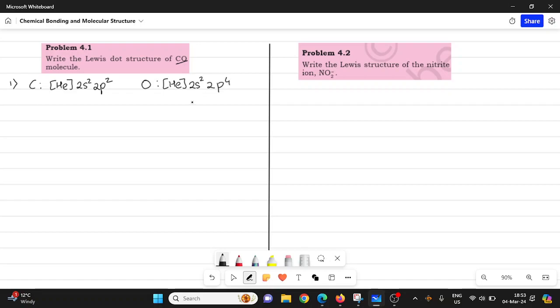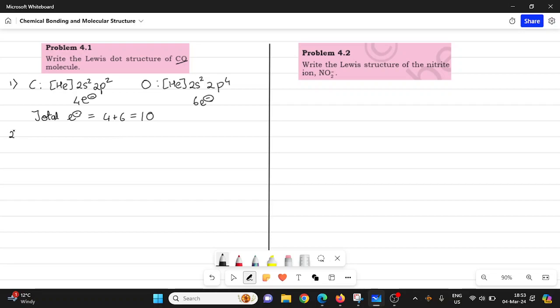So essentially, oxygen has 6 electrons, whereas carbon has 4 electrons. That is the total number of valence electrons for each of these atoms. So the total number of valence electrons is going to be equal to 4 plus 6, that's equal to 10 valence electrons. That's the first step. We figured out the number of valence electrons.